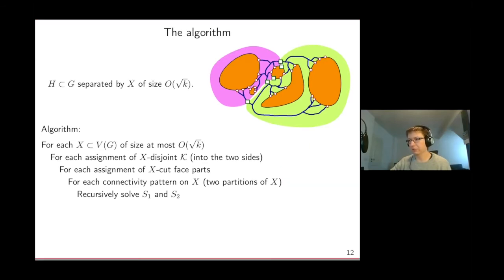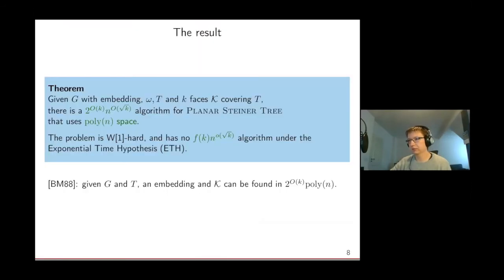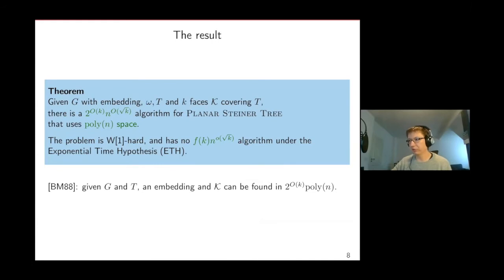So I mentioned this here. And we were actually wondering if we can improve this, right? But this algorithm finds the minimum k. Yes. Ah, okay. So given G and T and a value k, decide if there exists an embedding where you can cover with k faces. Okay. Thank you.